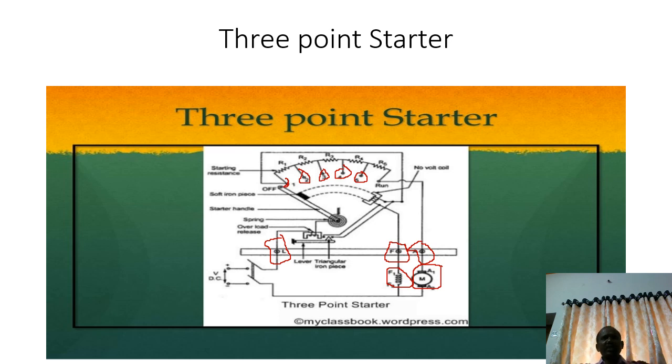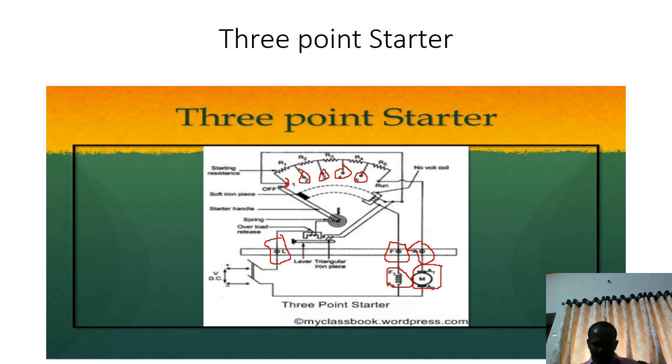Once again, remember that the 3-point starter has 3 terminals: the line terminal, which is connected to the positive terminal of the supply, the field terminal, which is connected to the field winding, and the armature terminal, which is connected to the armature winding.